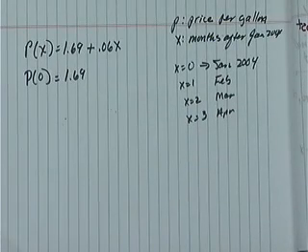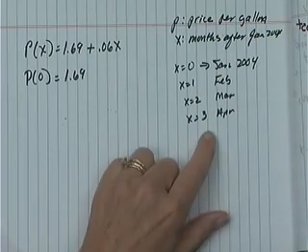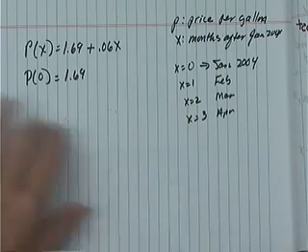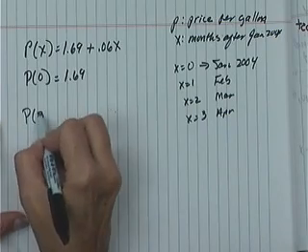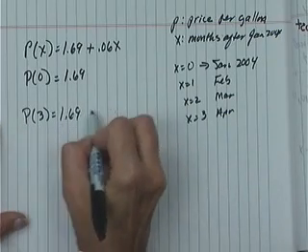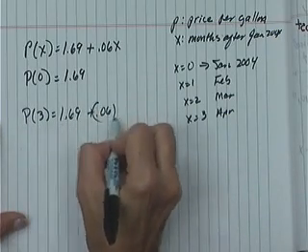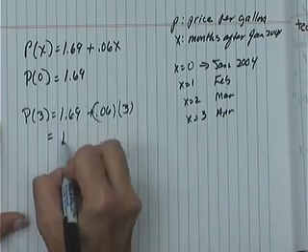Yeah, the reason I did this was because I thought you'd say April 4th month, X is 4. But you had to start with January as being your initial 0. So April then will correspond to 3. So P of 3 is 1.69 plus 0.06 times 3.